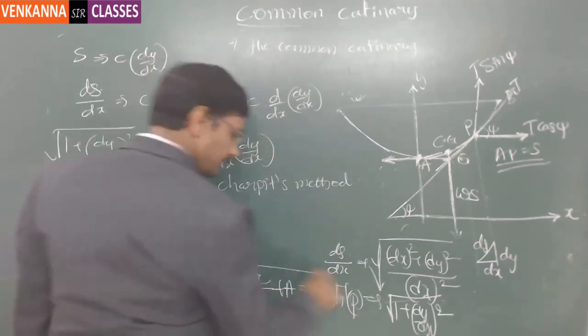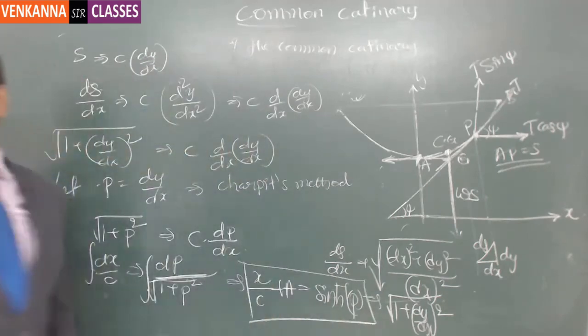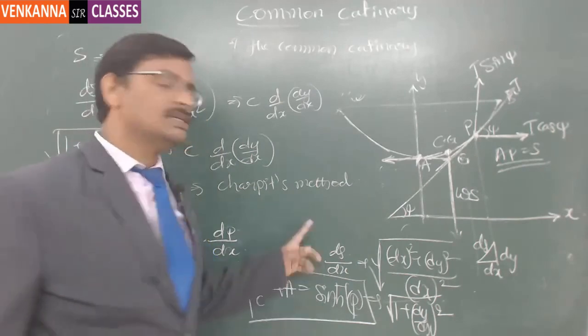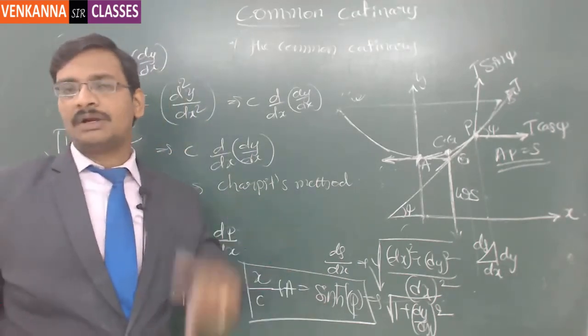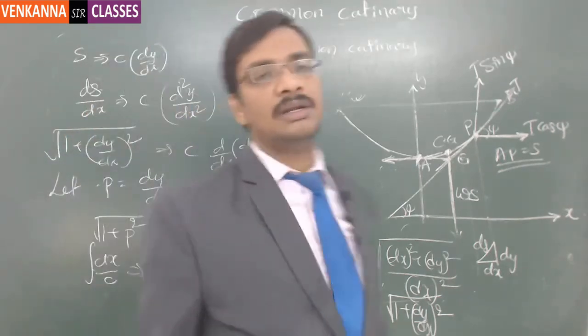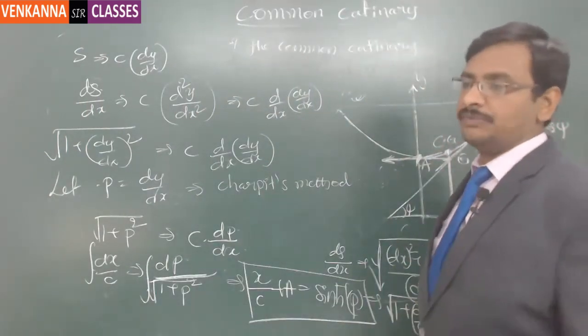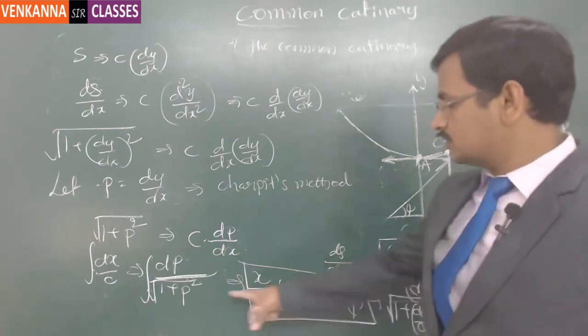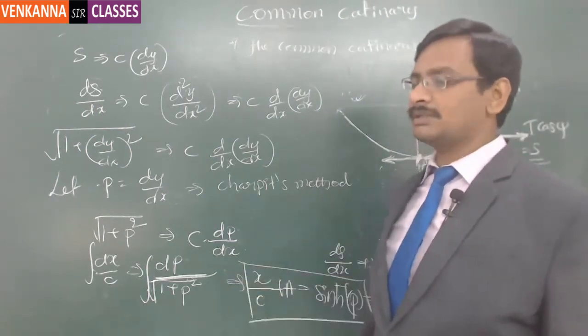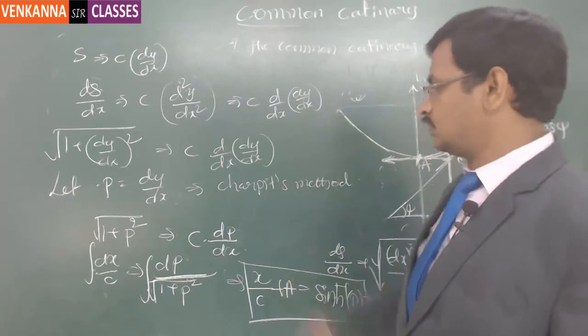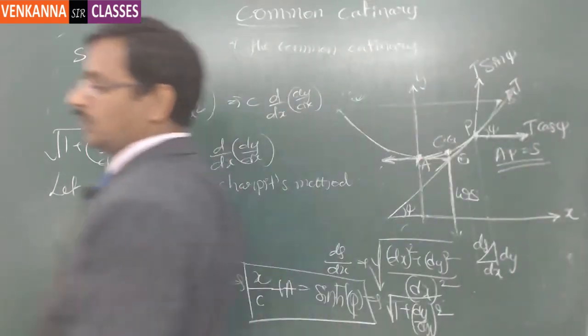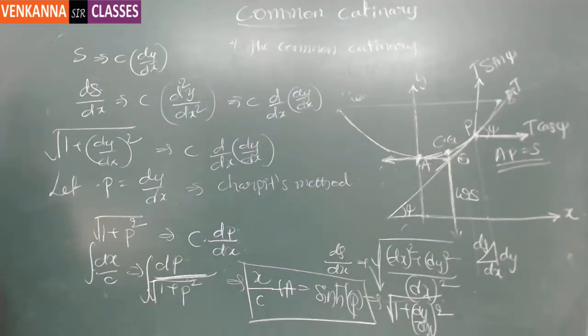So this is the differential equation solution. Got it? Note down this. This is not the end. The Cartesian equation of the common catenary is nothing but the relation between x and y. Here we have introduced p, where p is equal to dy by dx, and that also needs to be eliminated. So first note down this, and we are going to do that. Done?